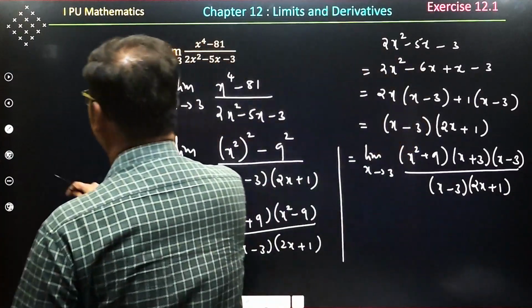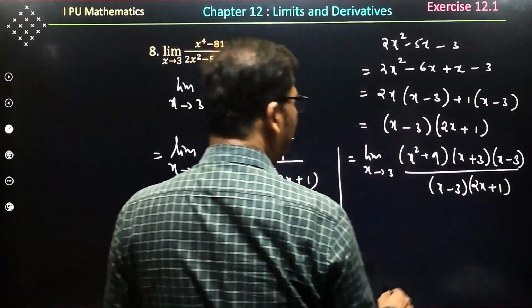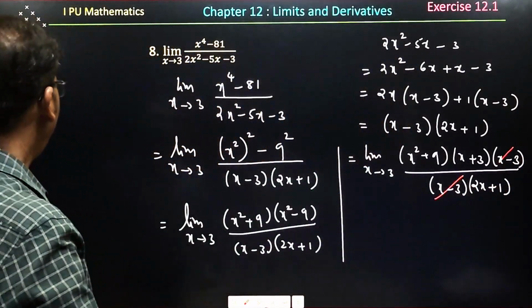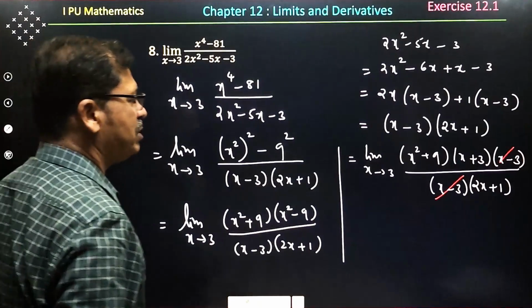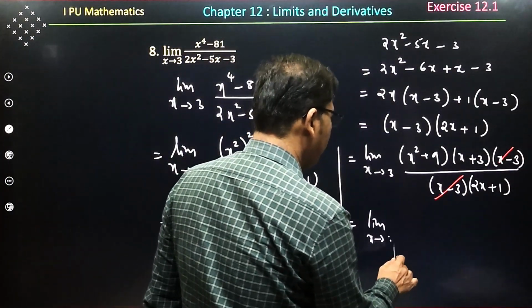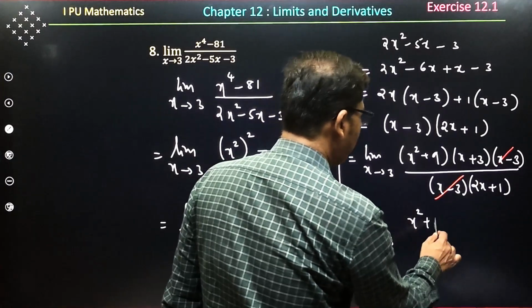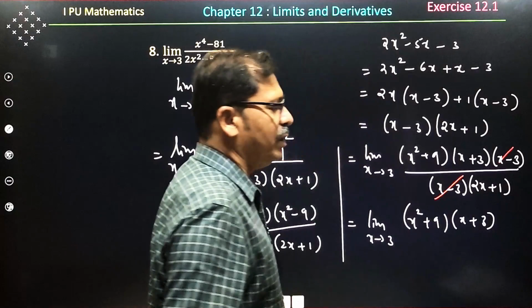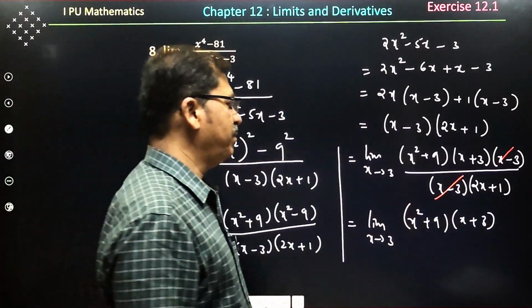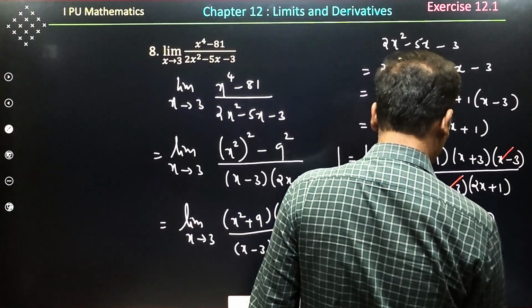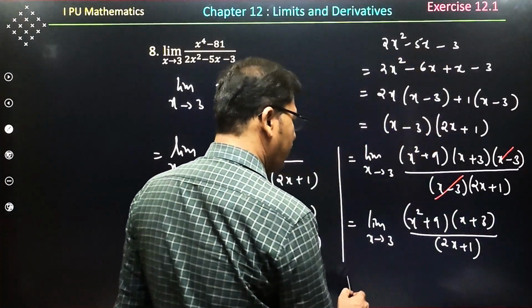Now it is the time to eliminate. What can we eliminate here? x minus 3 and x minus 3 can be eliminated, and write the remaining value. This is limit x tends to 3, x square plus 9 into bracket x plus 3 as the numerator, and the denominator is 2x plus 1. Now substitute x equal to 3.